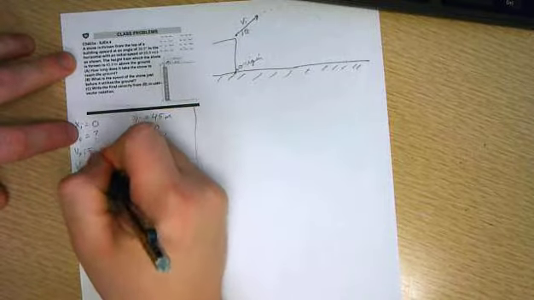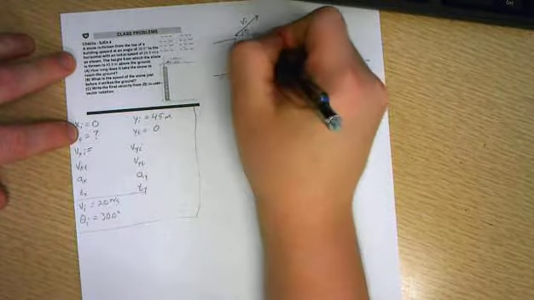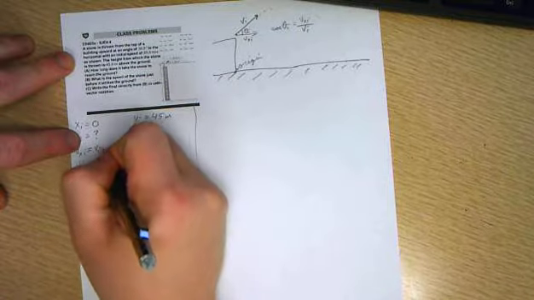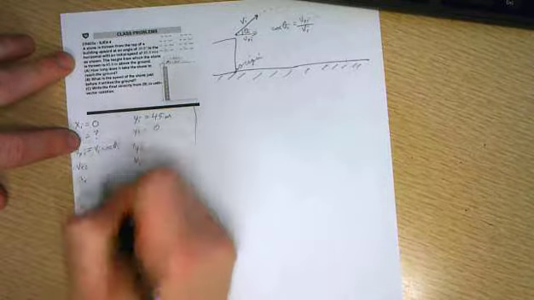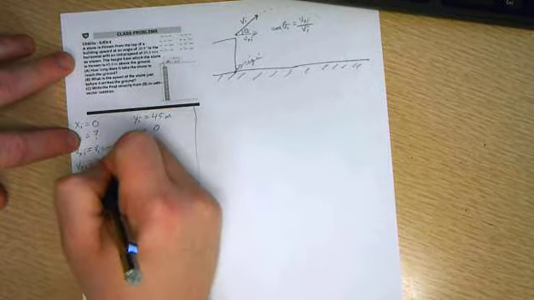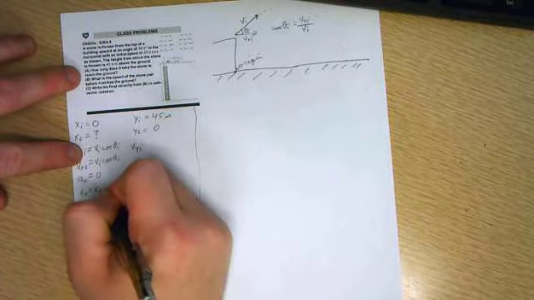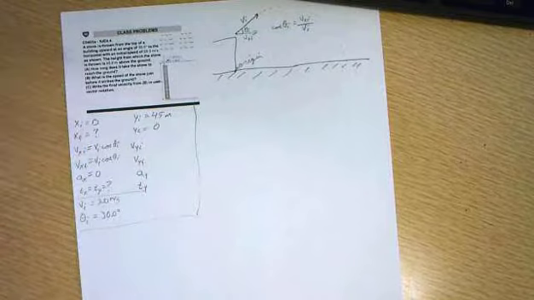Vx initial is equal to, remember, use our triangle here, cosine of theta sub I is equal to the adjacent, Vxi, over the hypotenuse, Vi. So Vxi is equal to Vi cosine theta sub I. And the final is as well. The acceleration in the x direction is 0, and time in the x equals time in the y, and we don't know what that is.